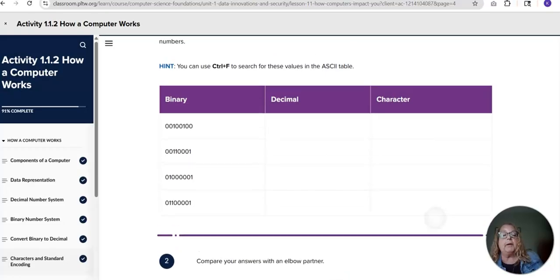These are what I'm talking about. So if we've got binary of 0, 0, 1, 0, 0, 1, 0, 1, I can translate that to a decimal. I know there's no 1, there's no 2, there's a 4, no 8, no 16, there's a 32.